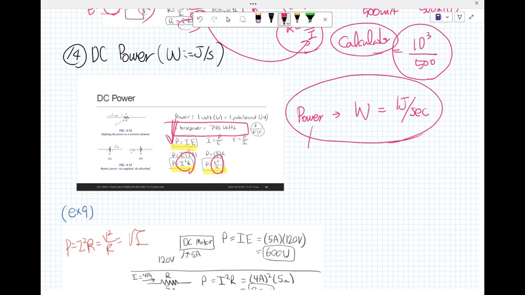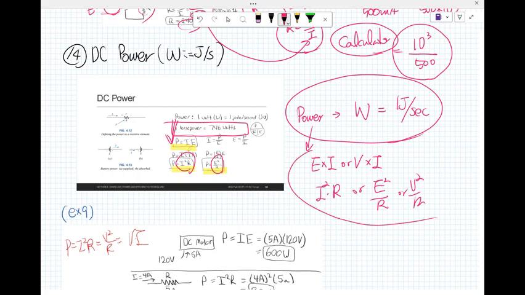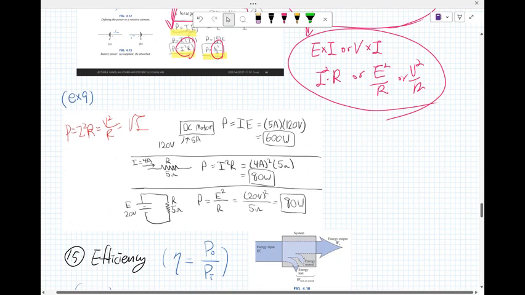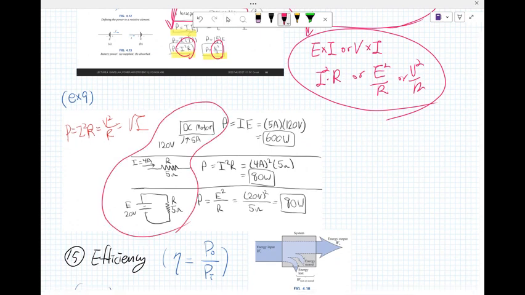So E times I, or sometimes V times I, or I squared R, or E squared over R, or V squared over R, okay? Very important. So it depends on the given values which formula we use for P, and finally we can find the watts.